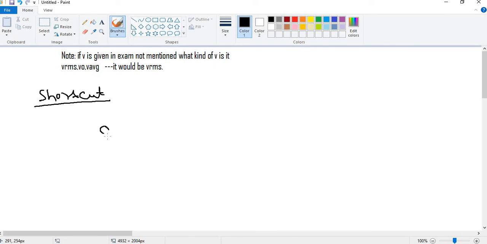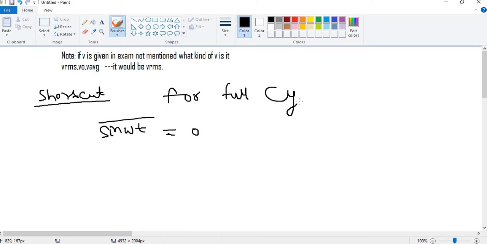The first one is sine omega t bar. The bar of sine omega t, the mean, is 0. This is all for the full cycle, so write down for full cycle. Second, cos omega t bar is also equal to 0.